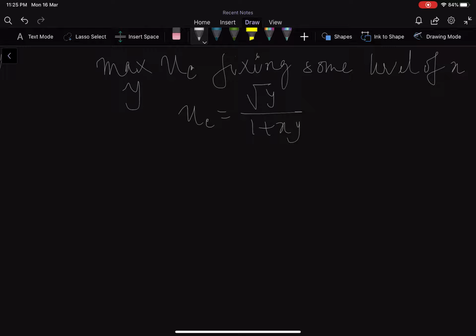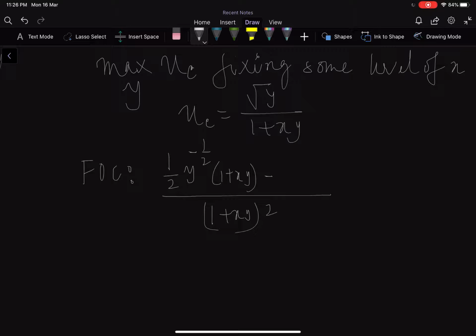If you take the derivative and do the first order condition, it is the derivative of the numerator, half y to the power minus half, times the denominator, 1 plus xy, minus the derivative of the denominator, which is x, times the numerator, which is root y, equals 0.